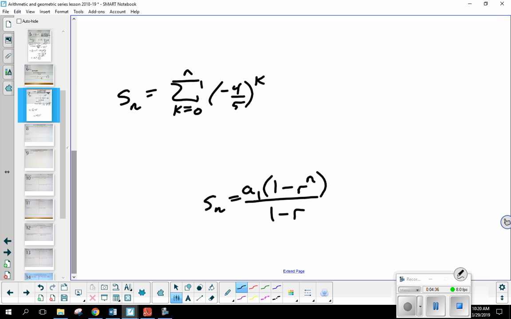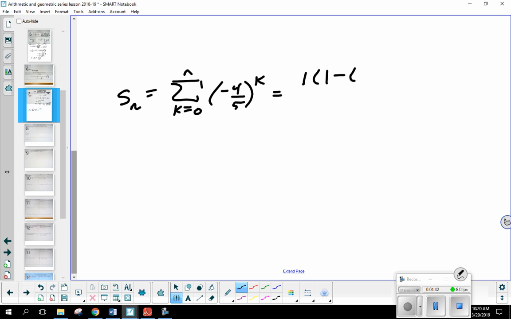Well, we already know the first term and r, so I'm going to say the first term is 1 times 1 minus r to the n would be -4/5 to the n. And then I'm going to divide it by 1 minus r. So I'm going to once again put 1 plus 4/5. But we actually just simplified this. Jane helped me out and said that 1 plus 4/5 was 9/5.